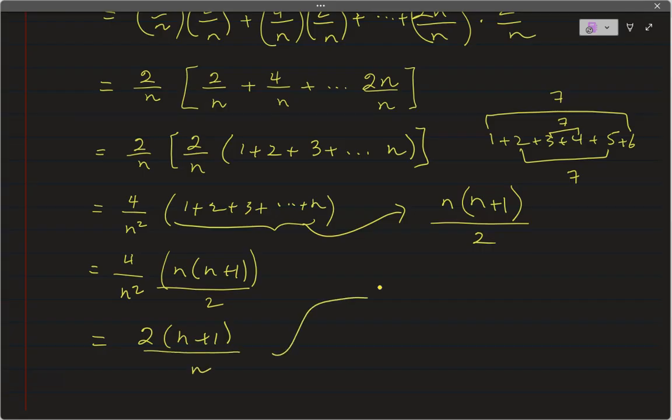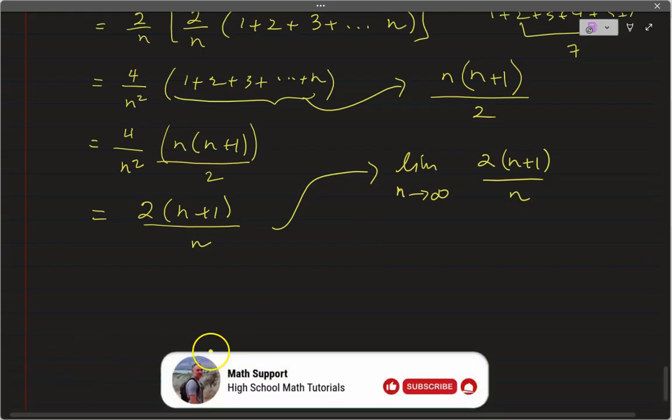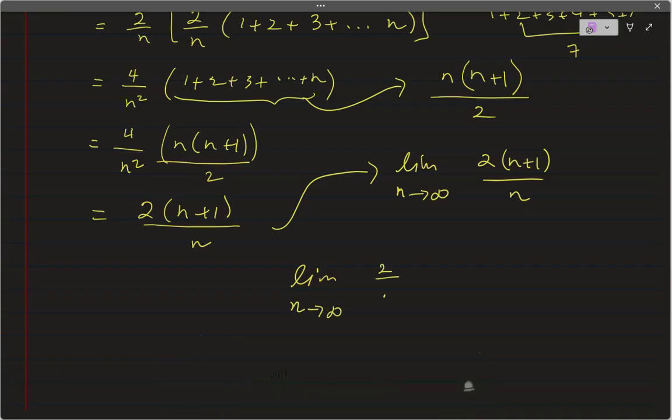And now we're going to take the limit as n approaches infinity of 2 times n plus 1 over n. Okay, so once we have that, now we're going to do the math. That is the limit as n approaches infinity of 2, and I'm going to multiply this through, and that would be 2 over n, the last term.